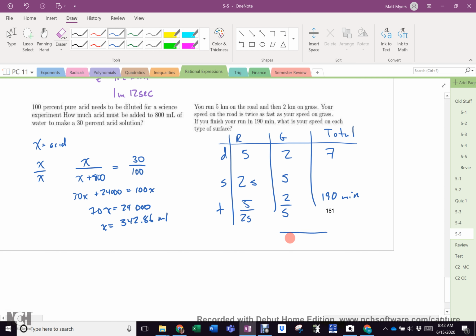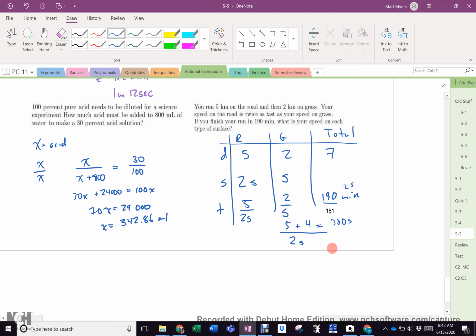Our common denominator is 2s, so this guy is 10 plus 4, because this guy had the 2s, so he doesn't change, plus 4 equals, and 190 needs the 2s, so that's times 2s, so that's 380s.